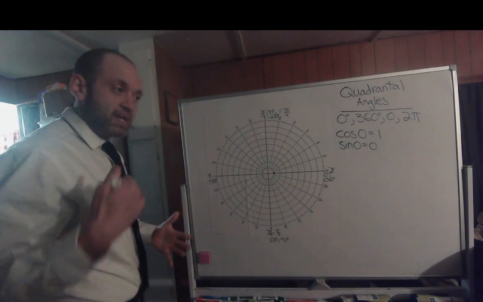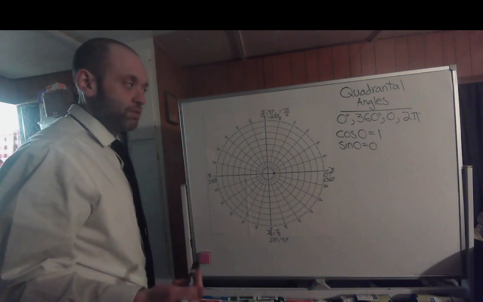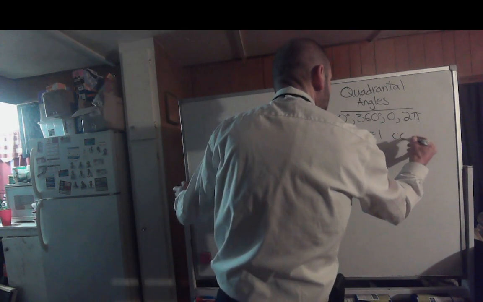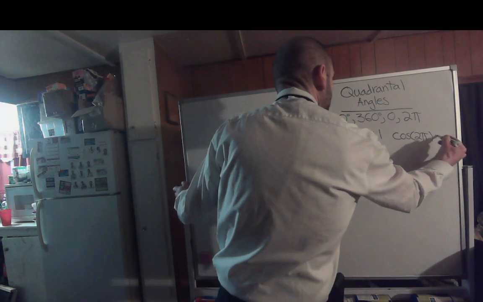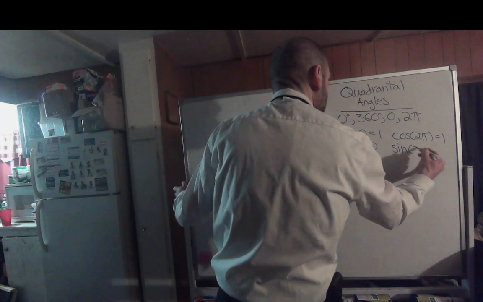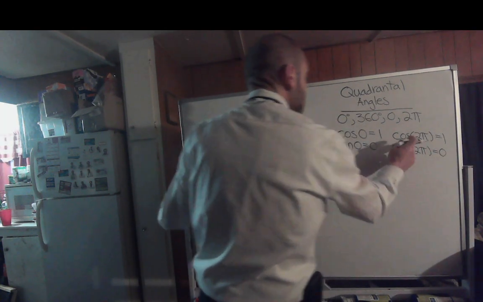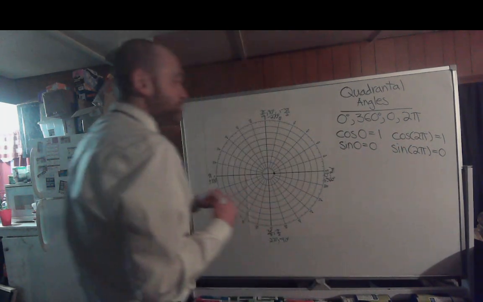It's also the same for 2 pi, because it's at the exact same position as 0. In fact, why don't we write that here? The cosine of 2 pi would equal 1. The sine of 2 pi would equal 0. Because cosine is your x coordinate, sine is your y.